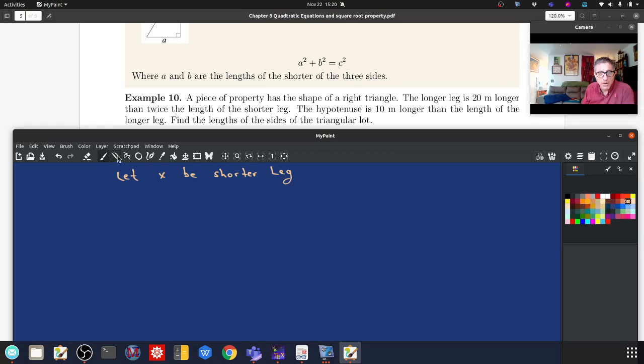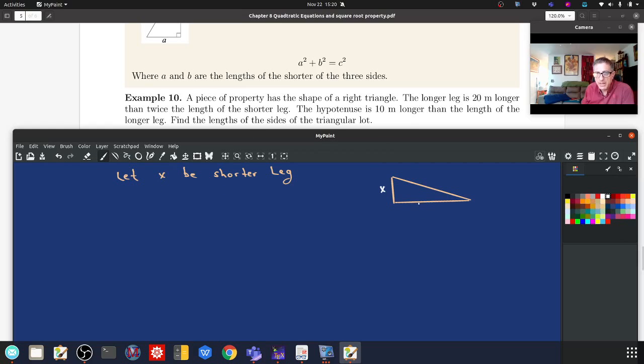Let's actually draw us a picture. There's going to be a short leg and a longer leg, and this is going to be the hypotenuse. So it's kind of nice. X is going to be my shorter leg.